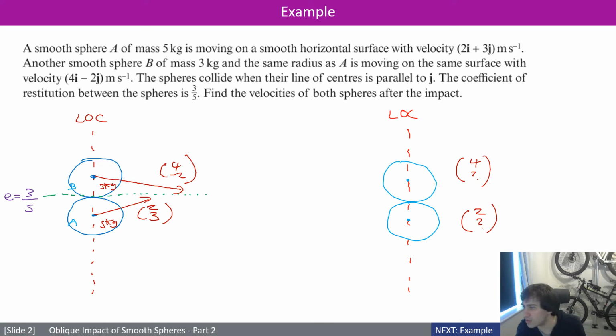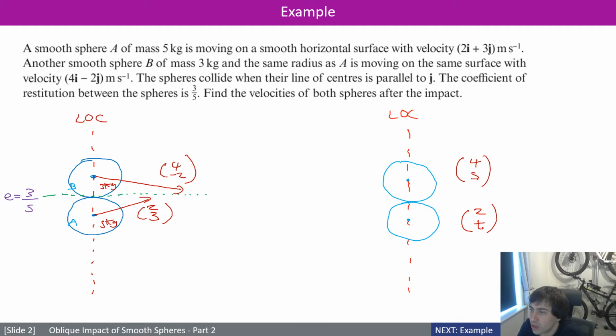So now let's replace those somethings with some variables. Pick what we like. Since these are scalars, let's give them scalar type variable names. Let's avoid u and v. Let's call them s and t. And now we can use our usual conservation of momentum and coefficient of restitution information.